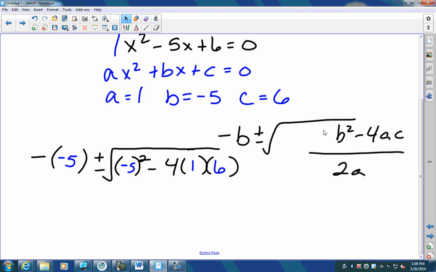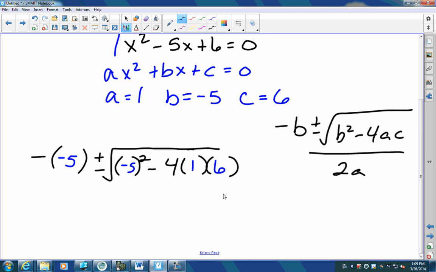All over 2 times a. A is 1. What I wrote in the black is the formula, the things that always stay there. What I wrote in the blue is what we substituted in for those letters. And I got those from up here after we found a, b, and c.